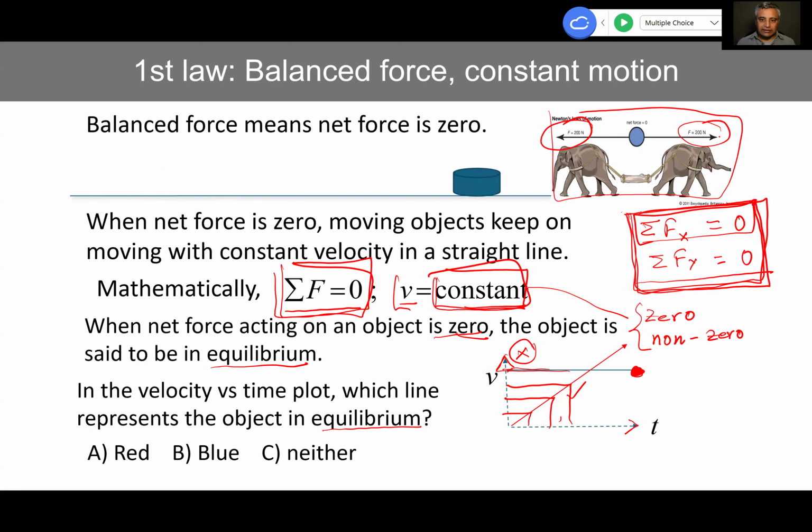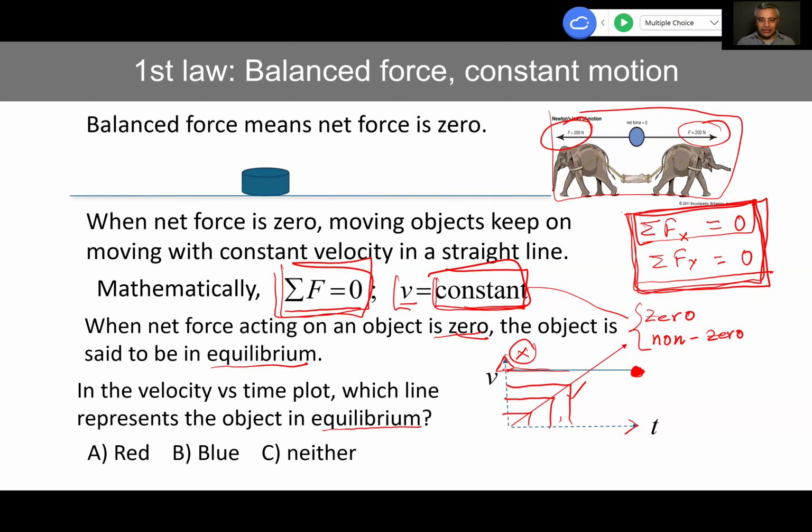Two forces balancing each other, so net force 0 means the log is not moving, unless the elephants were already moving in tandem like that, and the force is something like that.